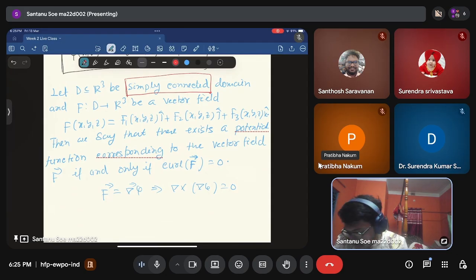Okay, so I'm going to give a counterexample, so you can verify later that if the domain is not simply connected, then f may not be written as a gradient of phi, even though the curl of f is 0.